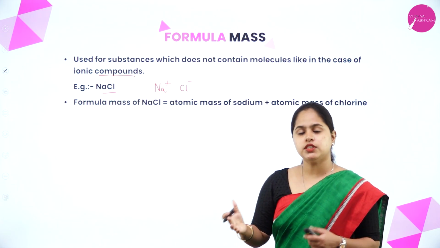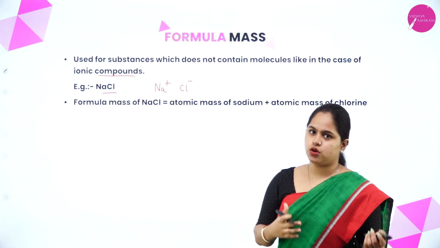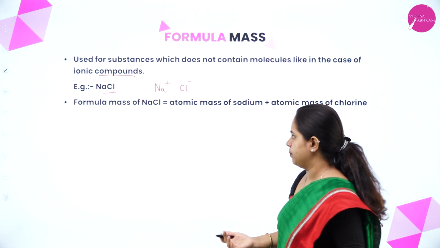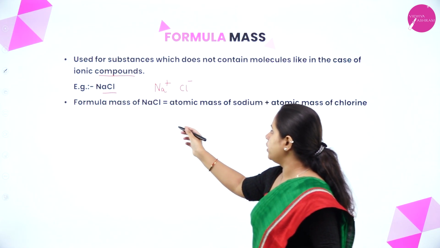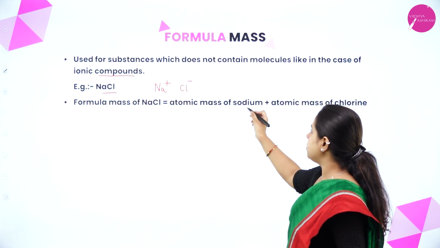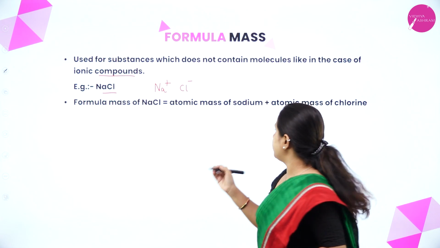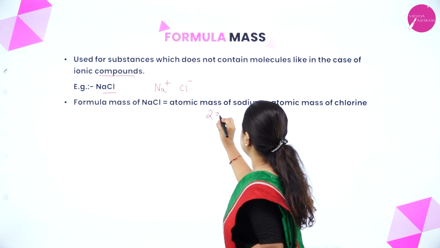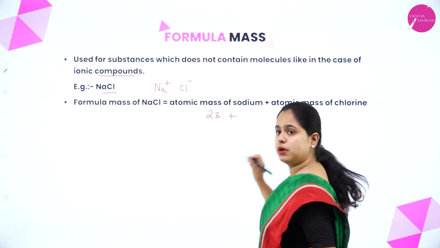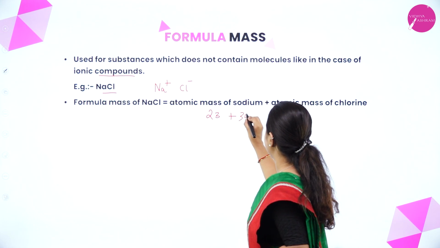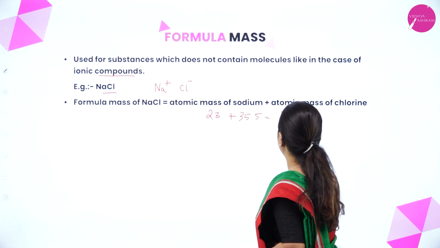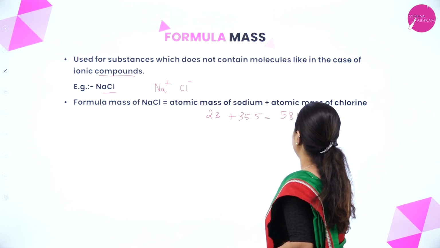But the way in which you calculate formula mass or molecular mass is the same. So the formula mass of sodium chloride is the atomic mass of sodium plus the atomic mass of chlorine. The atomic mass of sodium is 23 and of chlorine is 35.5, which will give you 58.5 u.